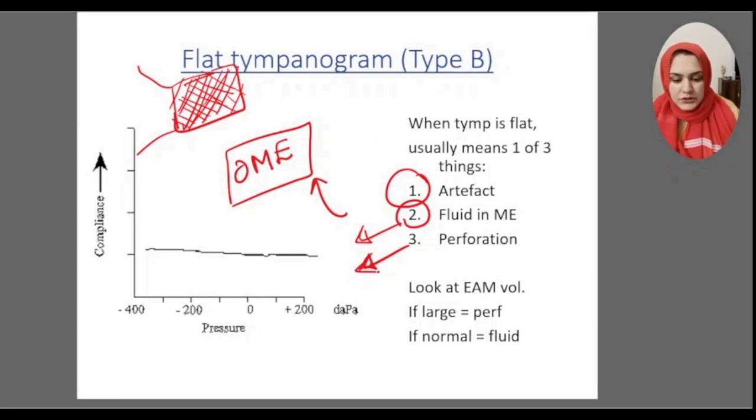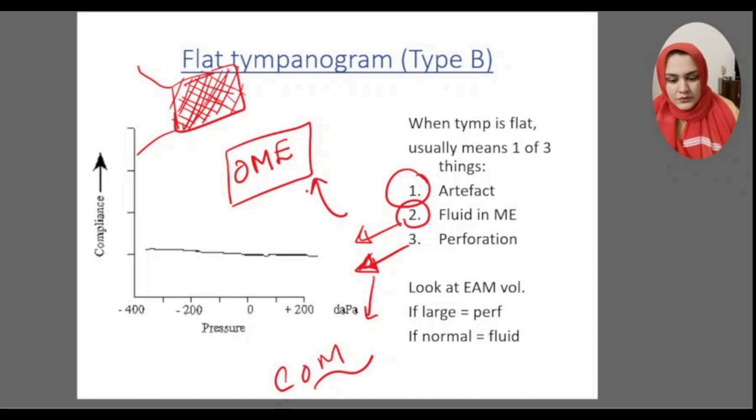And in which conditions is there perforation? Perforation can be in traumatic perforation. It can be in a disease called COM, very important and more common than traumatic perforations. And COM is chronic otitis media. This is a chronic condition of the middle ear, and there can be perforation as well in this condition.